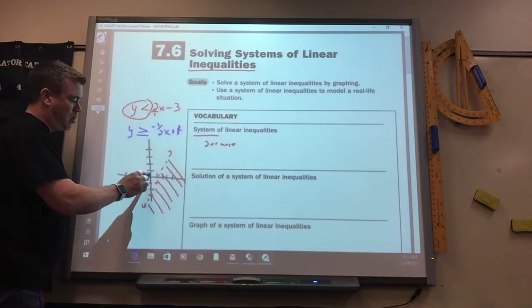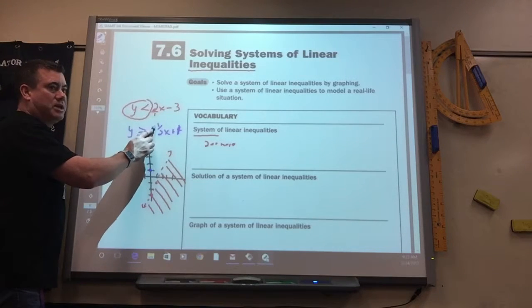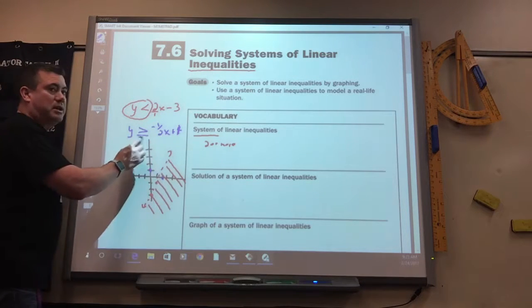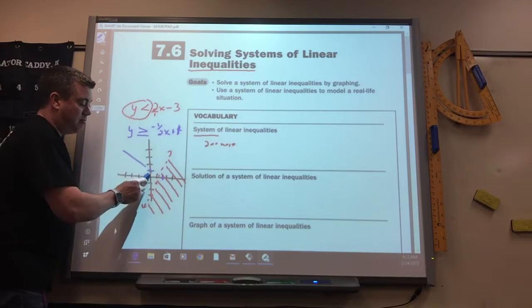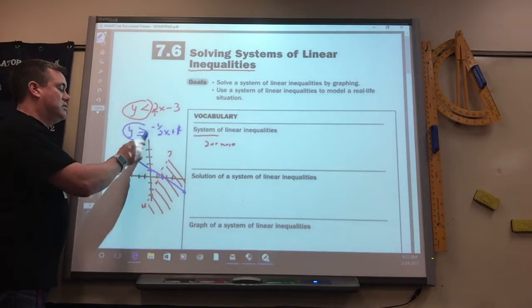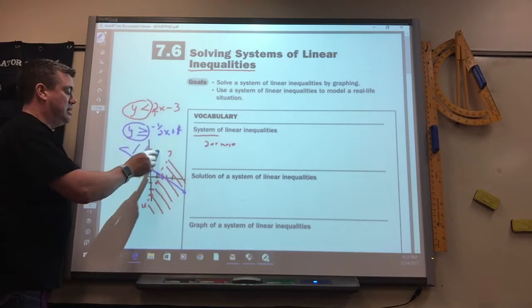It crosses at 1. The slope is -1 half, so we go down 1 over 2. This one does have a solid line. And then y is greater than, so everything above it is shaded.